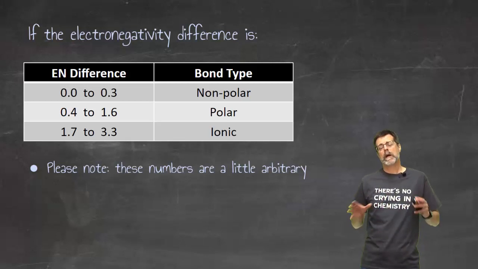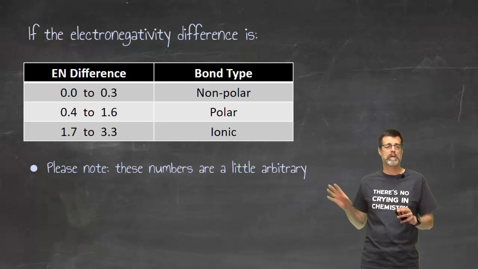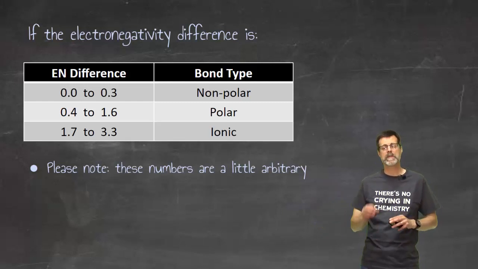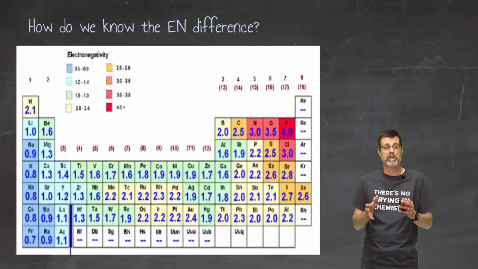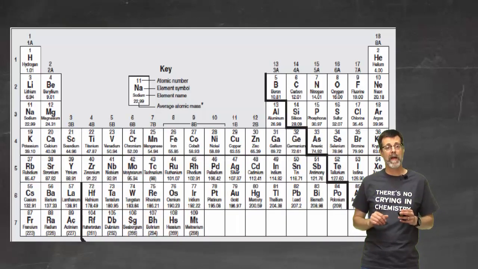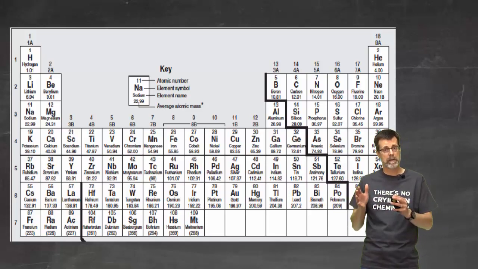The other reason why I want you to not worry too much about these numbers is that you're generally not going to get the periodic table with the numbers. What you're going to have is this, where now I'm working with the trends in the periodic table, trends in electronegativity. So now I'm looking at, are they close together? Are they far apart?